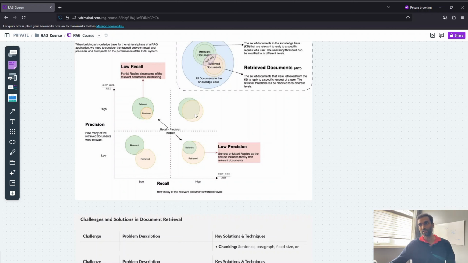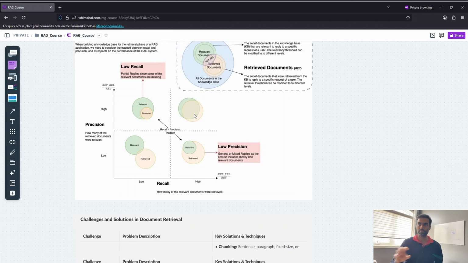The ideal system should be such that the retrieved documents overlap, and whatever documents it retrieves should contain the relevant context required to answer the question. Then you will get the correct answer.